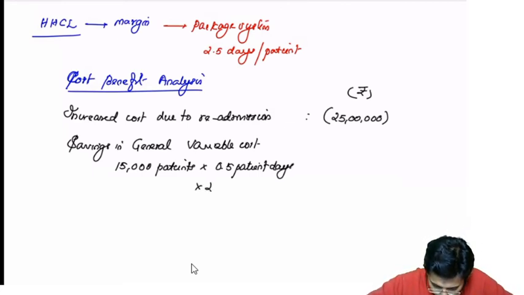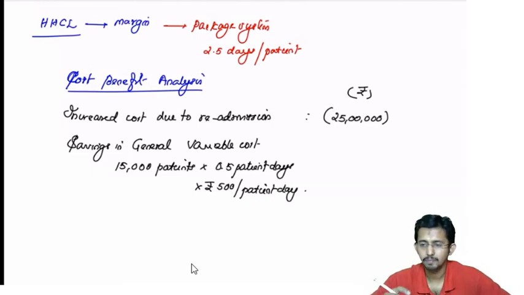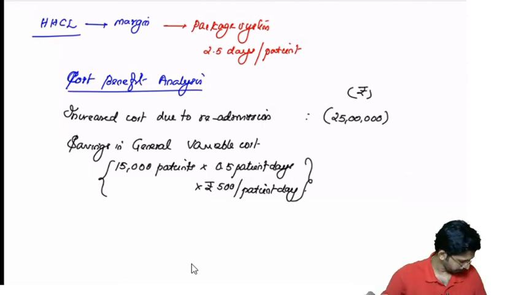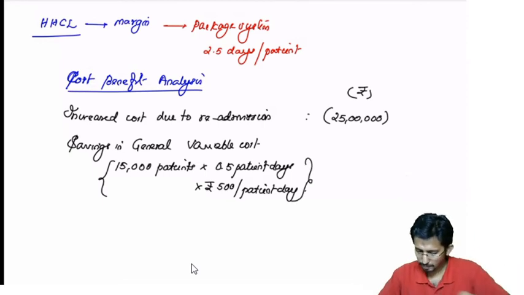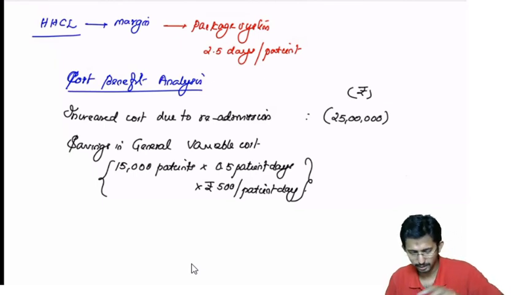It is rupees 500 per patient day. So that means it is 15,000 into 0.5, you can say 7,500 patient days. Am I right? Into 500, it will be 37,50,000.